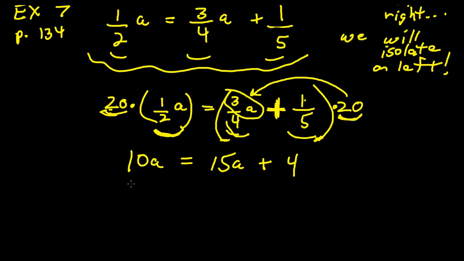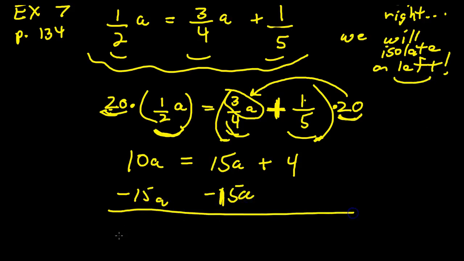So I'm going to subtract 15a from both sides. And we're going to isolate on the left here. I'll go ahead and add or subtract as indicated. I get minus 5a equals, these terms cancel out, of course. Minus 5a equals 4.